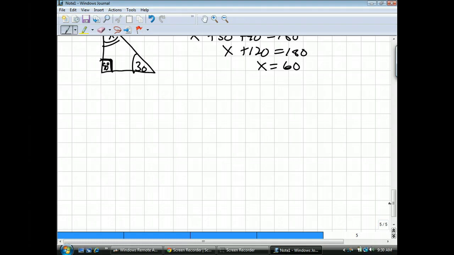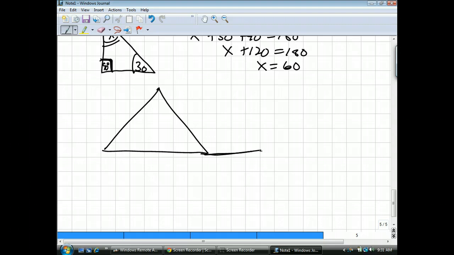All right. And now our second theorem. Well, actually, let me do some definitions first. Okay. So if I have a triangle and I extend one of the sides, it doesn't matter which side I extend.